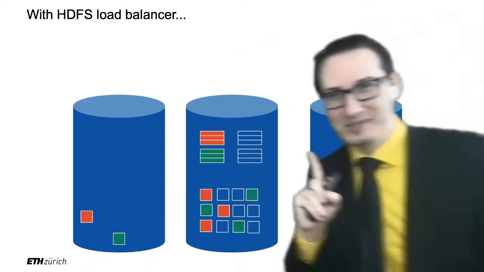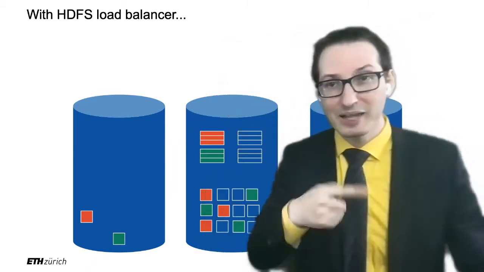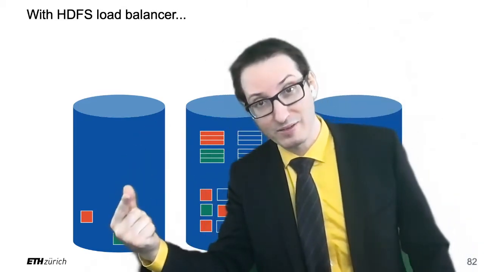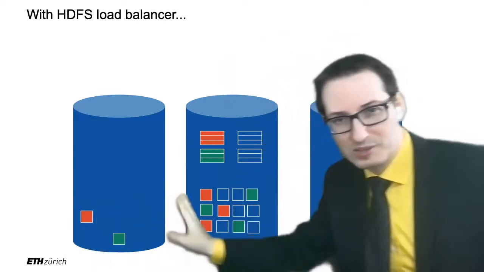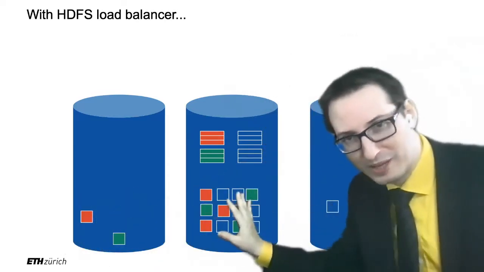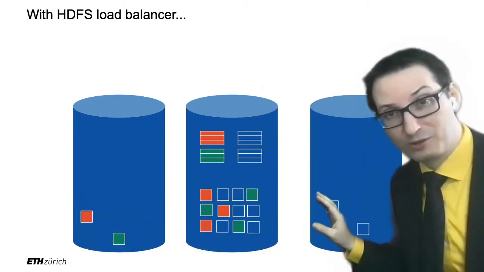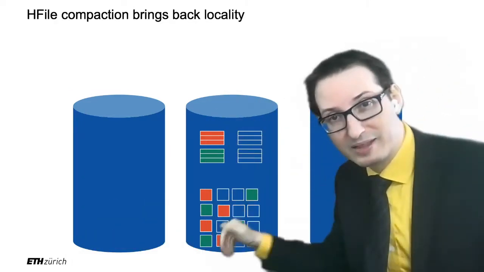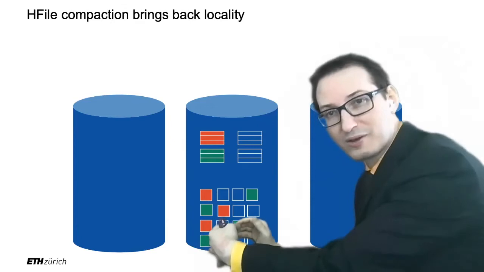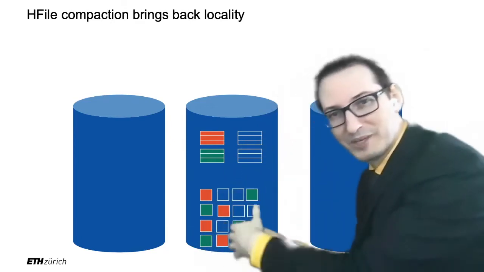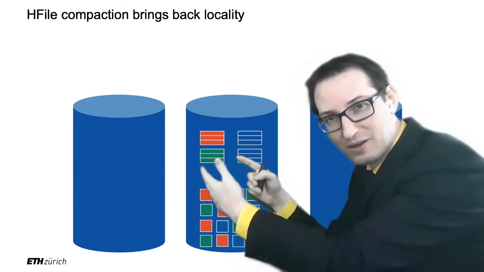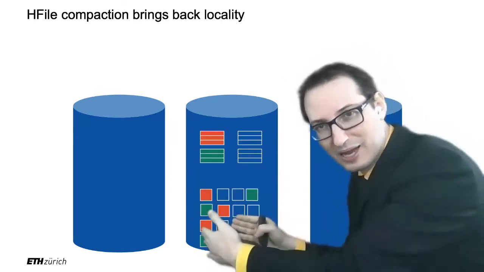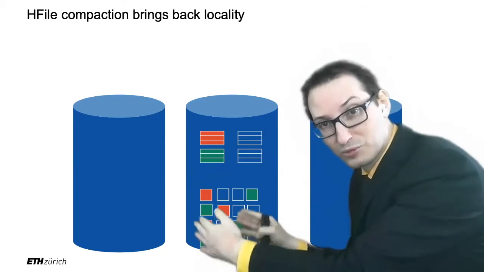But what happens, and this is the magic, is that the next time that a compaction is going to occur, we will read all of these blocks, most of them here, some of them from other data nodes, recompact, and that brings back everything on the same machine again, because these are the newly written blocks, and we saw that the client, it's always the same machine as the client when you write the first replica of the block.